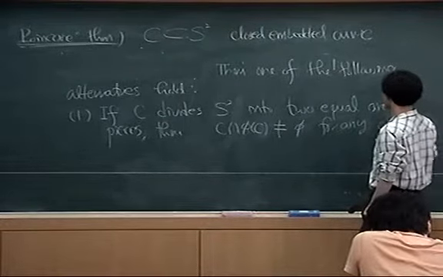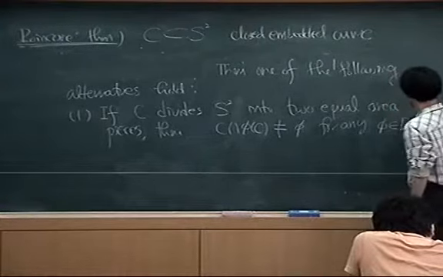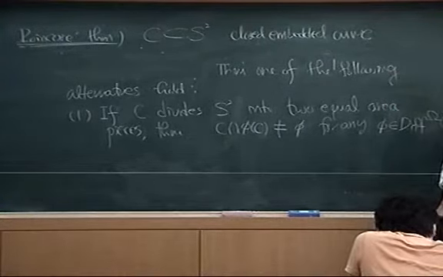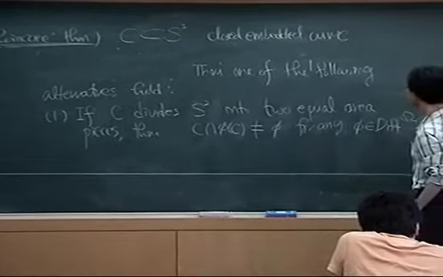So let me write phi is in Diff(S2, omega). So this omega is the area form.